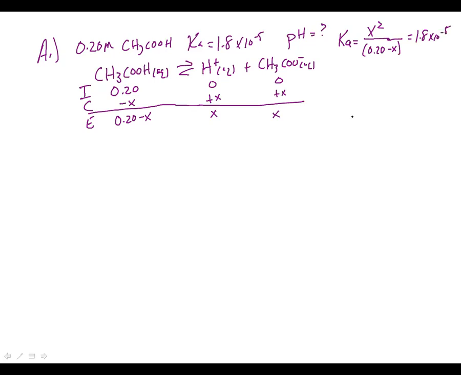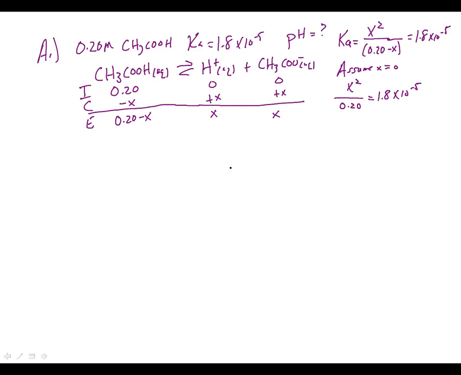Since I've been having some luck today, we'll continue our assumption. Watch, my luck will run out here. We're going to assume that x is approximately 0 in the denominator. So that's going to give us x squared over 0.2 equals 1.8 times 10 to the minus 5. We're going to multiply the 0.2 to the other side. Also going to take a square root, so I don't forget that part.